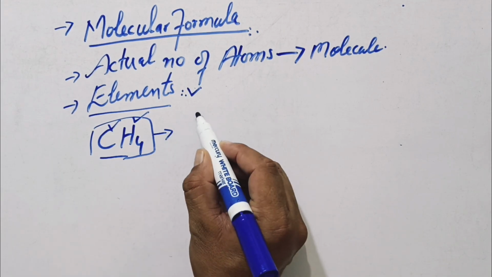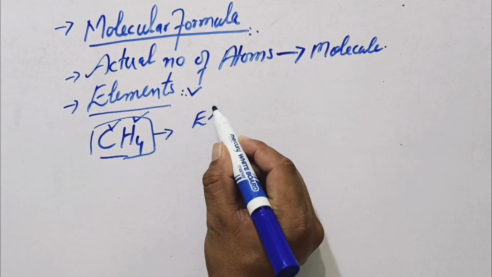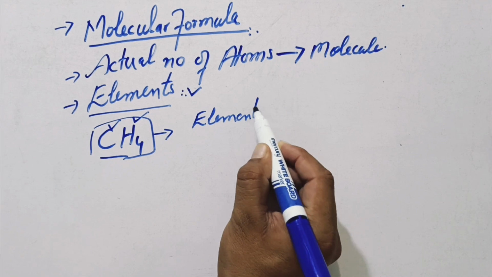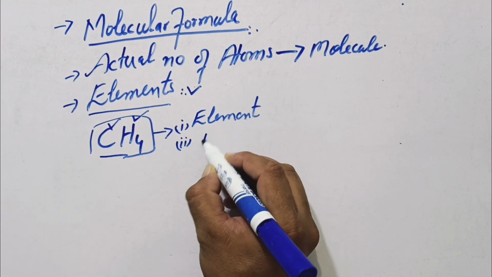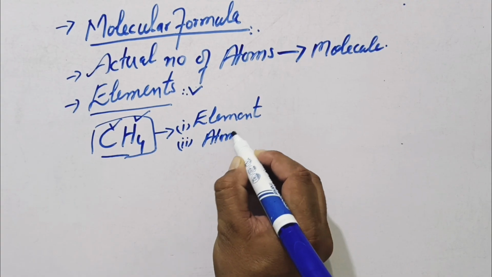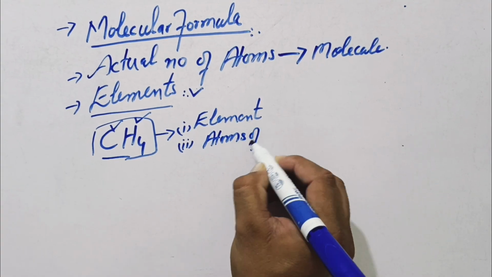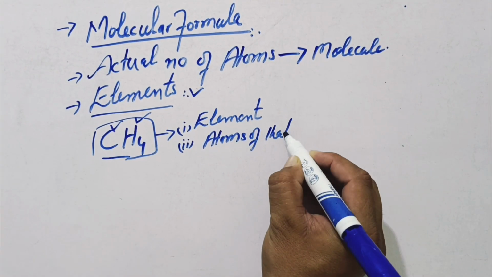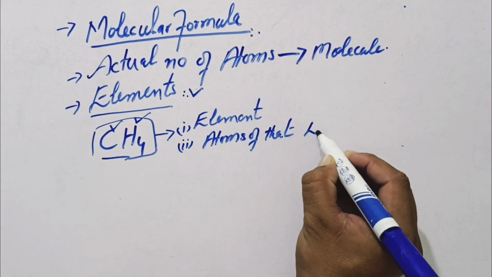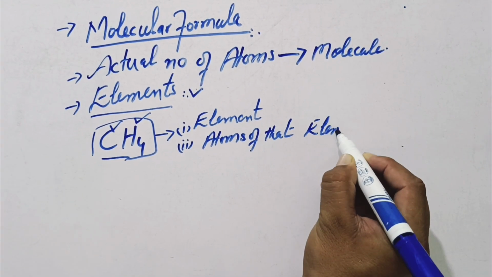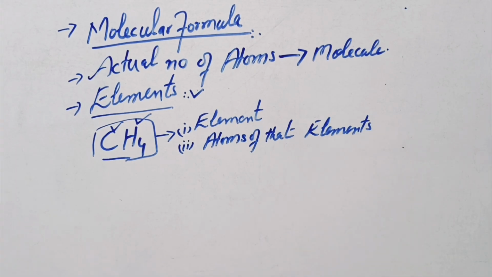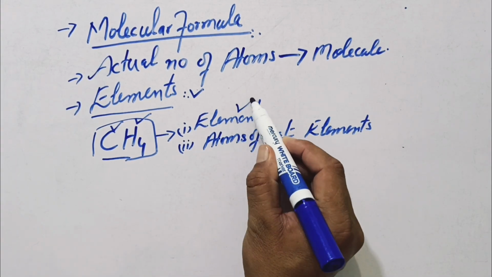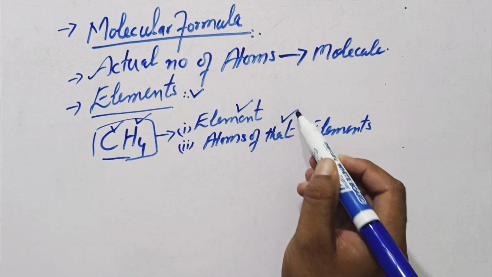So it tells us the element present in the molecule and the atoms of that element. So the molecular formula tells us only the element and the atoms of that element.